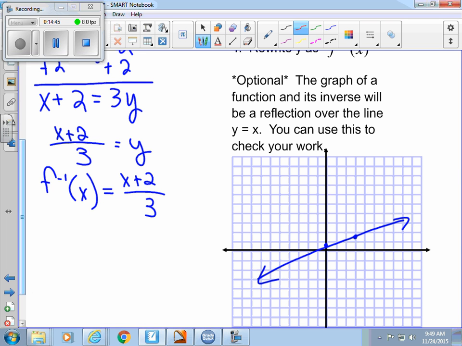I just called it a different name. It's really just a rename. You're renaming it because we found the inverse and we're saying, hey, this is the inverse. So this is the mathematical way to say, hey, this is the inverse.